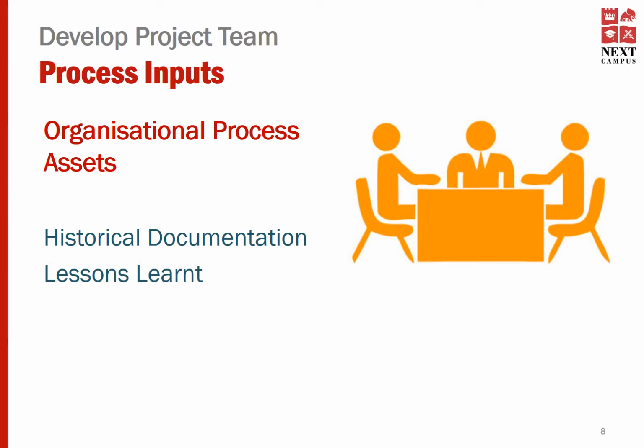In developing project teams, another process input that you will need to consider is organizational process assets. There are two types of process assets that need to be considered for developing a project team. Number one, historical documentation. So you need to see what is the history behind this project team.